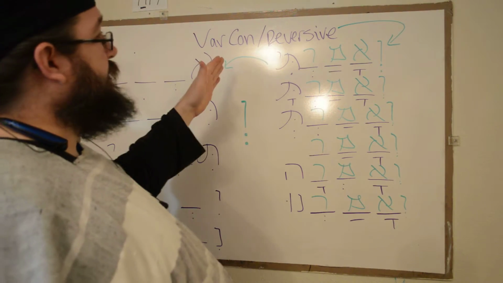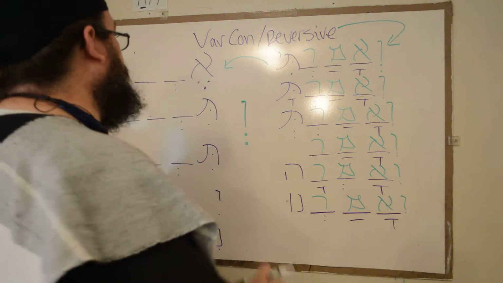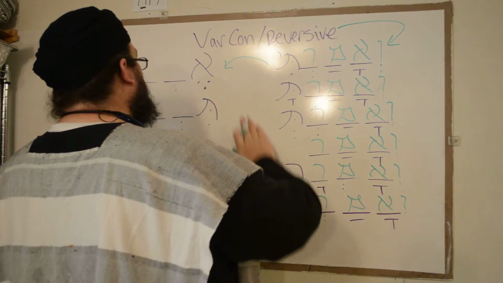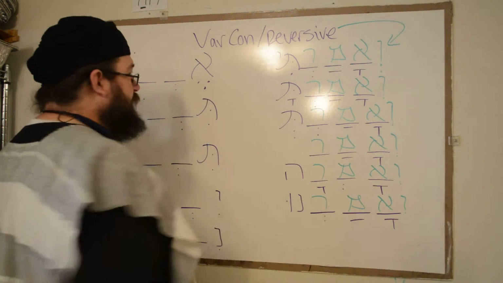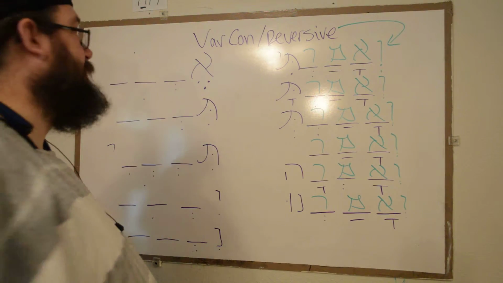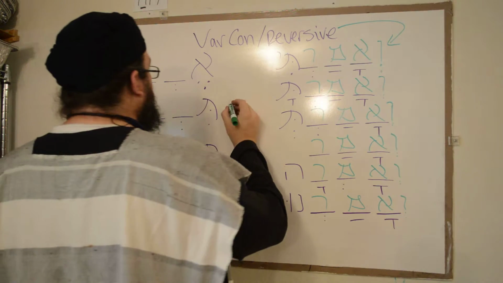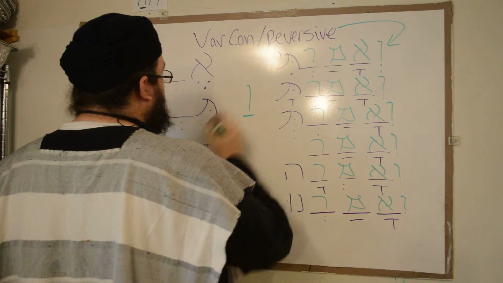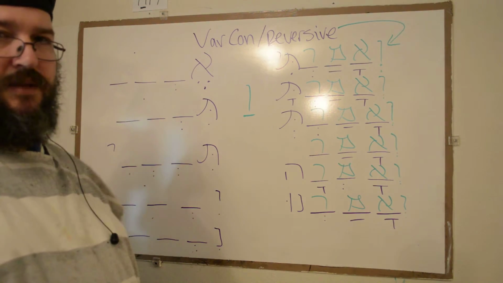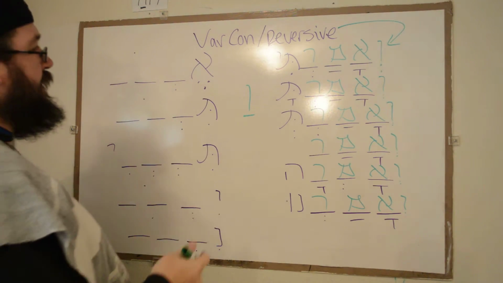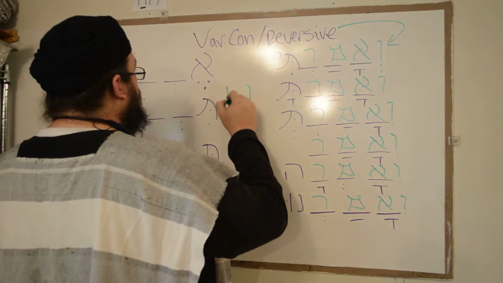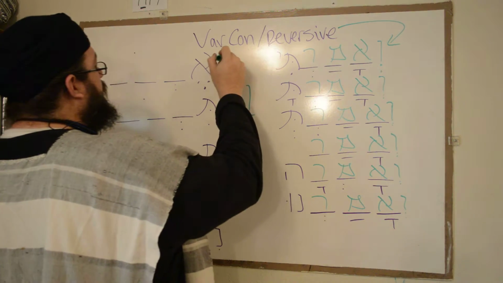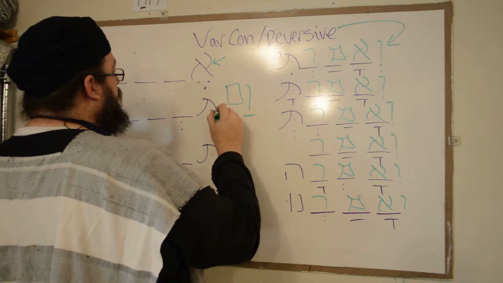The conversive, we're talking a different ball game here, okay? So the conversive is a little tricky, and the only trickiness is first we're going to have the vav, and then we're going to have a patach, okay? And the patach is going to go underneath the vav, and of course here are going to be our pronouns.